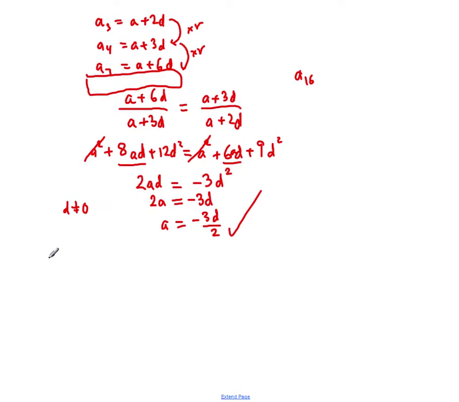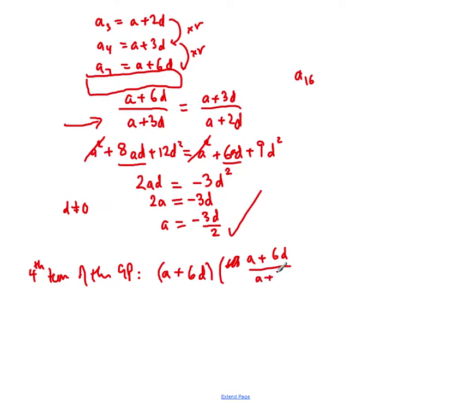So let's find the fourth term of the GP first. All we're going to do is take the third term, which is this, and multiply it by the common ratio. And the common ratio is really either this thing or this thing. I'm going to use this one, why not?